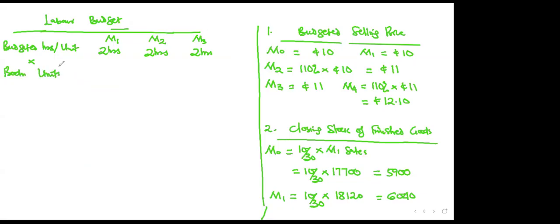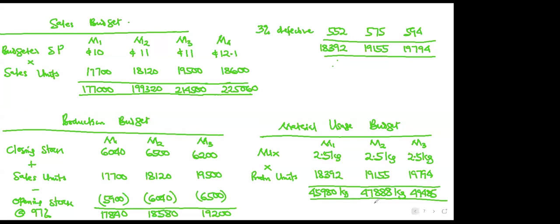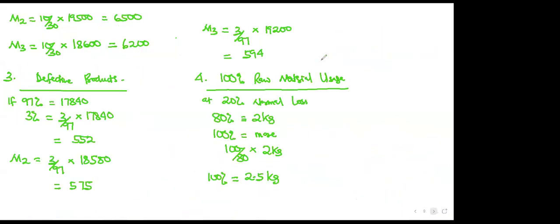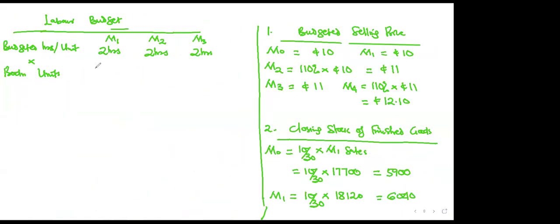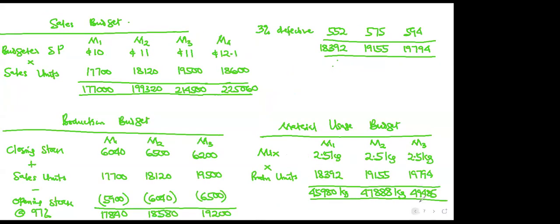Let's go to our production budget and take the production units: 18,392, 19,155, and the last one, 19,794.